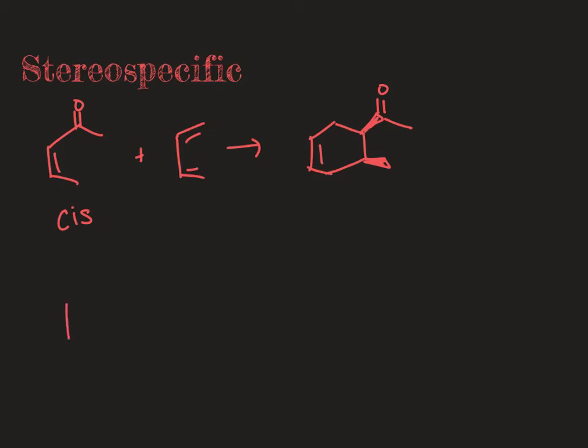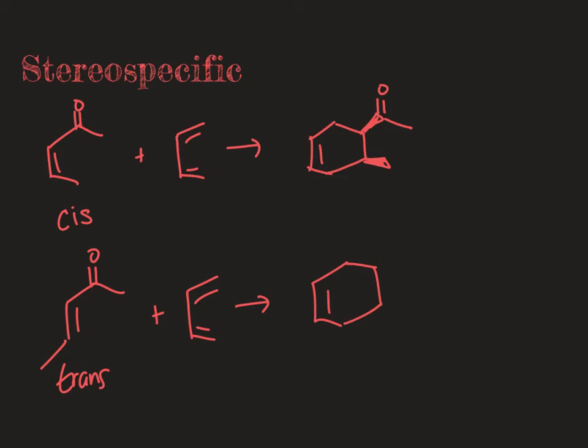If your dienophile was trans, those groups are going to remain trans in the product. So they will be on opposite sides of the ring. So that's one way that we have the stereospecificity.